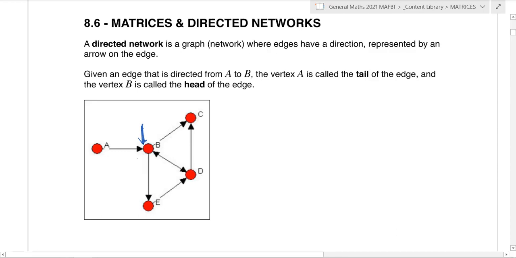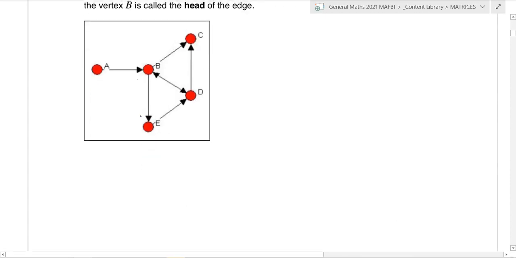Just understand that the arrow or the edge has a tail and a head. At the tail you've got the vertex A, and at the head of this edge you've got B. All right, let's move on.